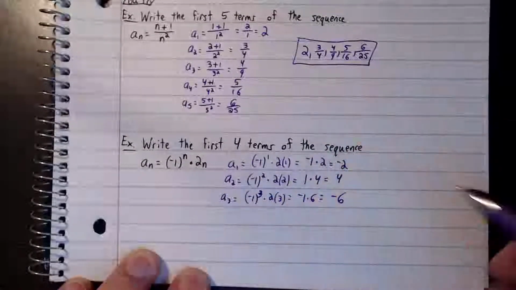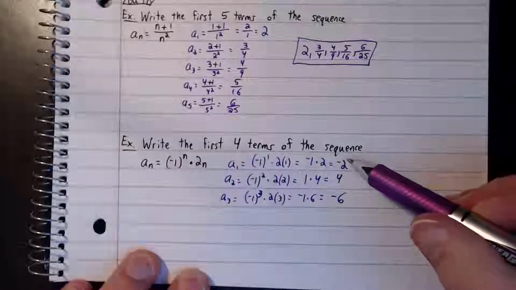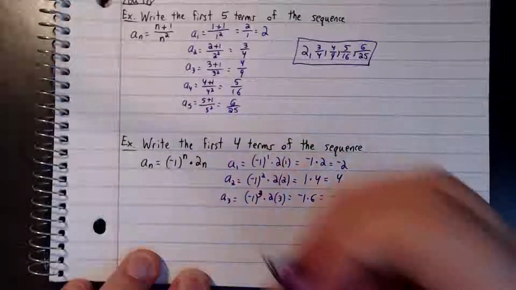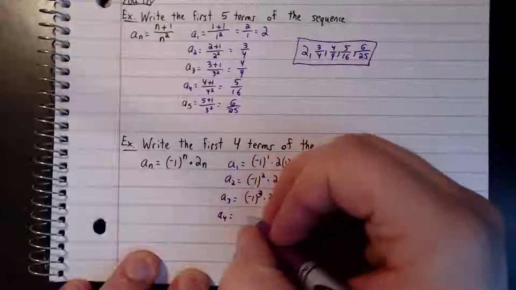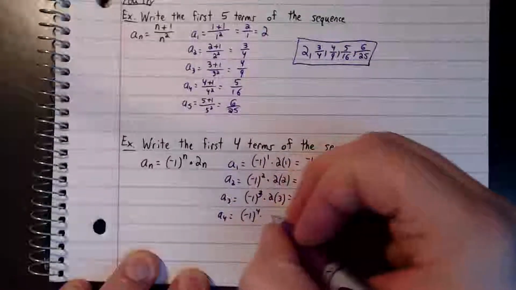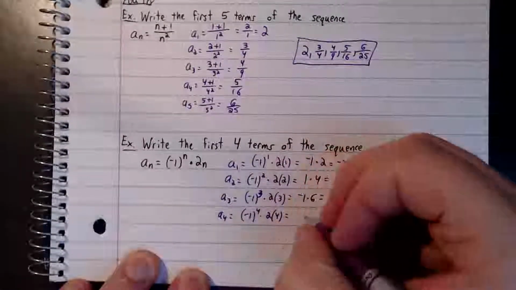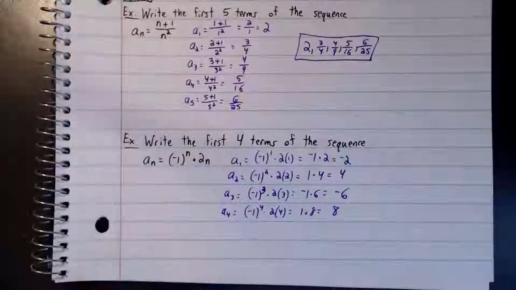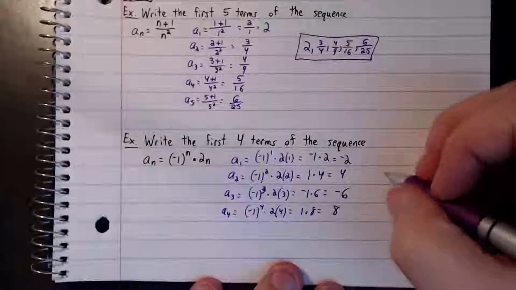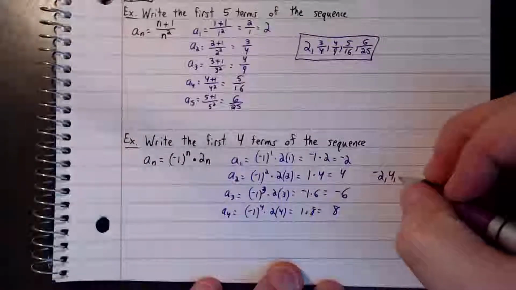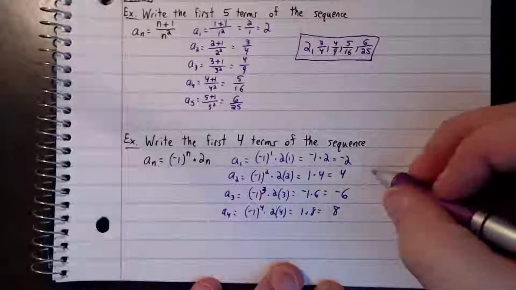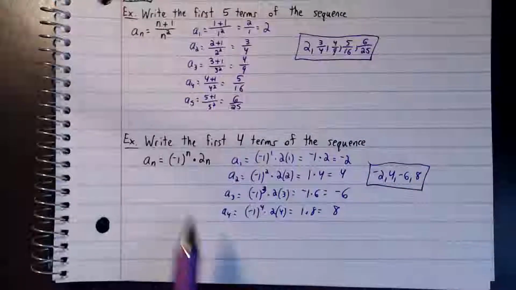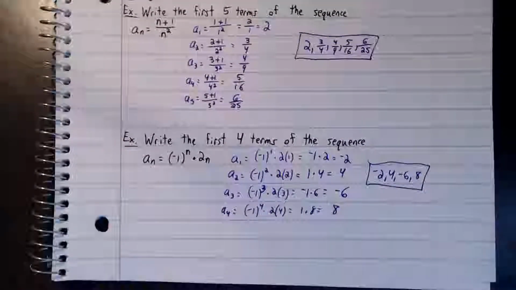So we get -6. Now we're starting to see our pattern that we're going back and forth, and that makes sense with our powers here. So here is our sequence for the first 4: -2, +4, -6, +8, going back and forth. That's what that ends up doing for us.